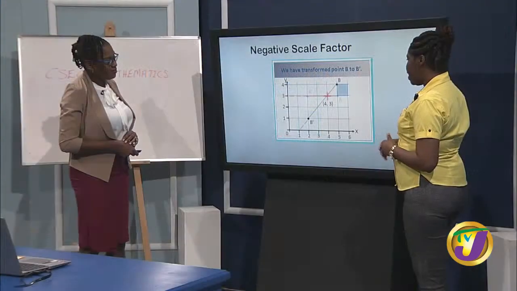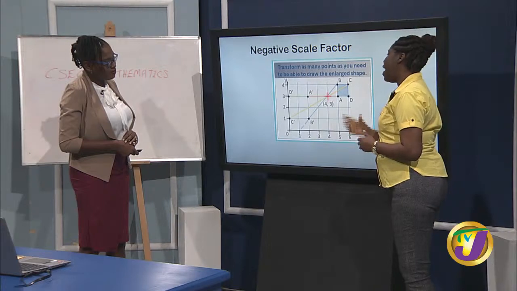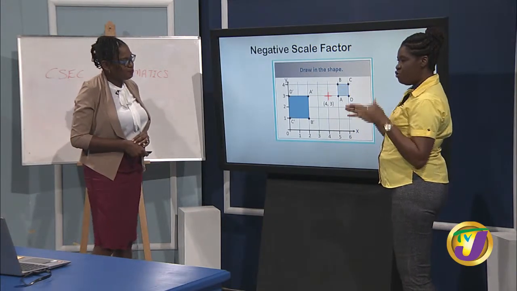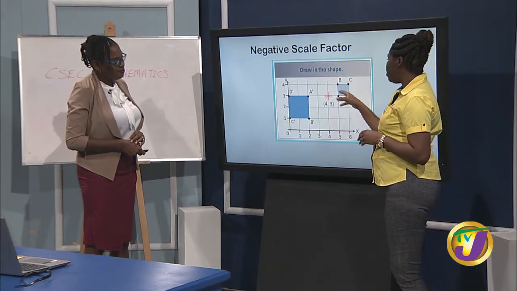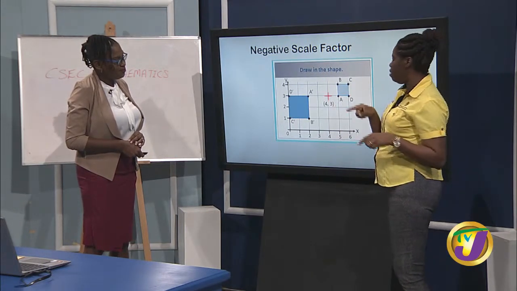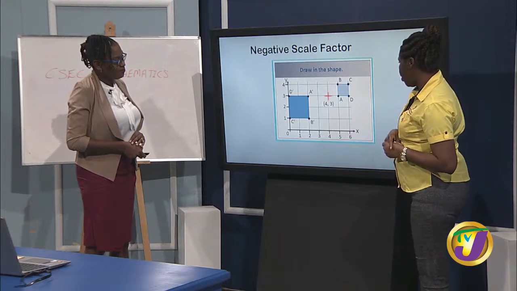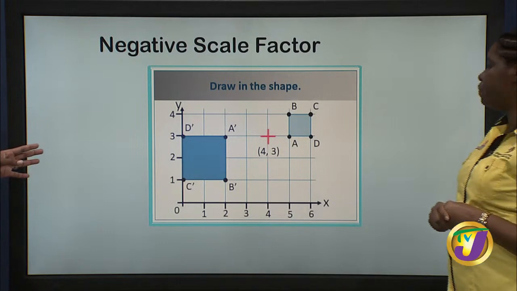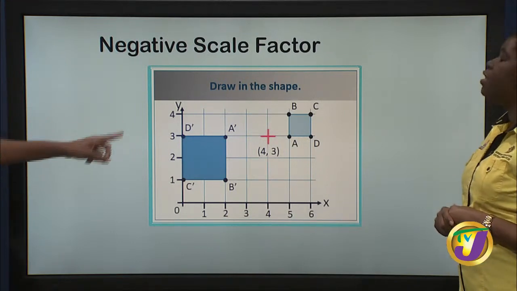We just find the length from a point to the center and then multiply that length by the scale factor, ignoring the negative sign, and measure that distance from the center, and that would give you your image points. This one is a bit hard to identify though, because I can't tell it's upside down unless I look at the label. Right, very good.